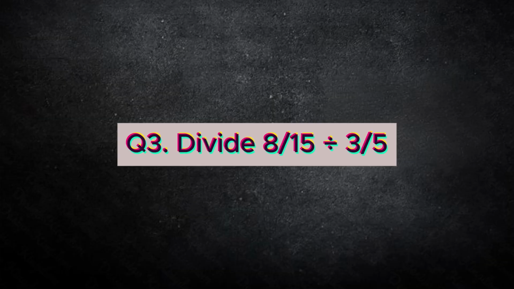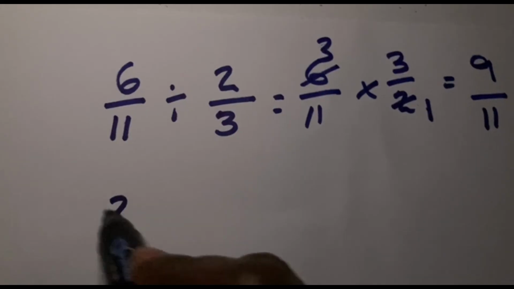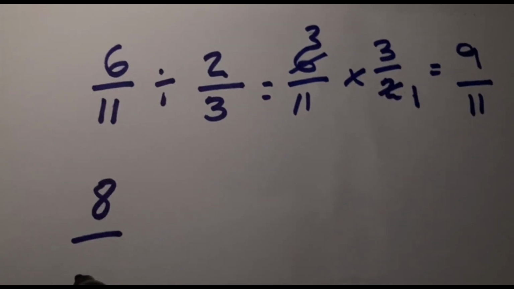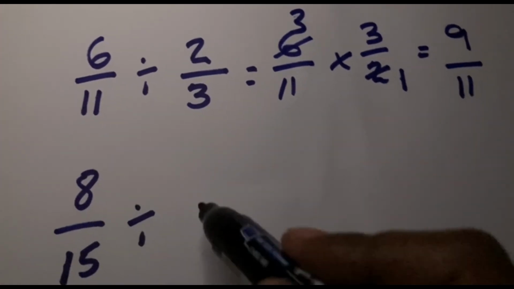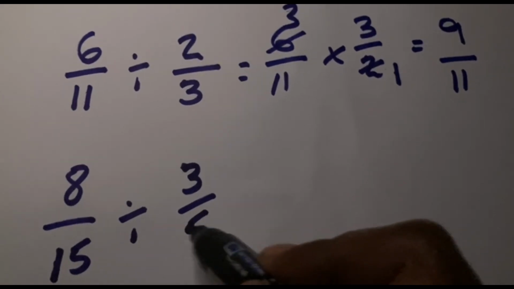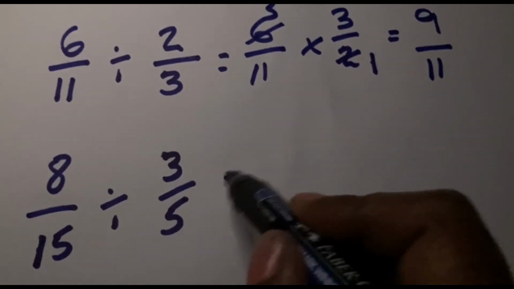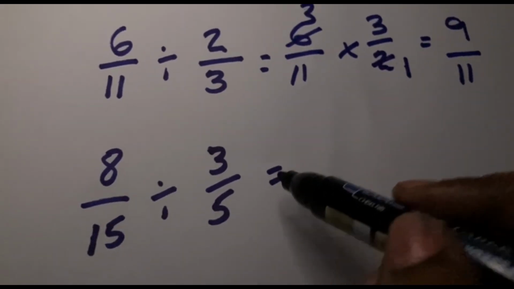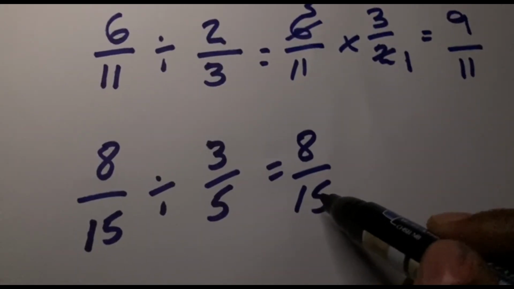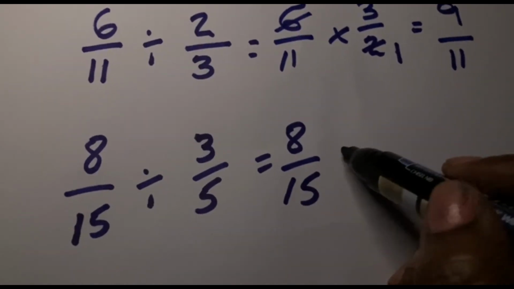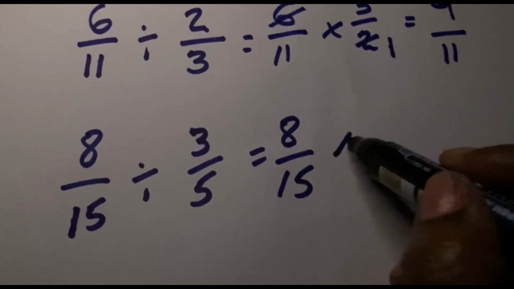The last one for this will be 8 over 15 divided by 3 over 5. Again, keep the first one, 8 over 15. Then switch the division to multiplication.